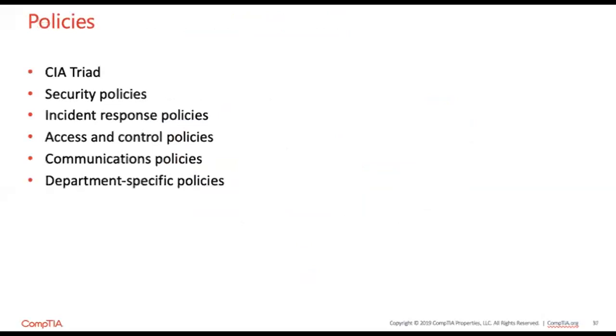Policies are foundational elements in any organization, because they ensure systematic governance and adherence to norms, standards, and legal requirements. With policies, you have different parts, like your incident response, your communication, and your department-specific regulation.